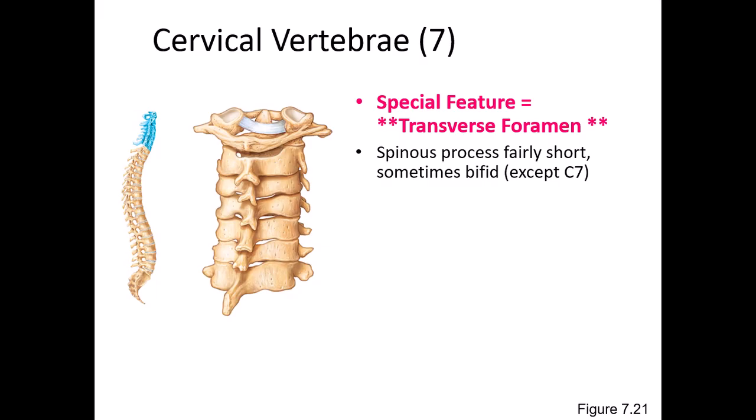When we look at cervical vertebrae in general, we see some other traits. We notice that the spinous process is fairly short, except for C7, our 7th cervical vertebra. And the spinous processes are also sometimes bifid. If you look at that word, you see bi, meaning 2, and that means that the process branches into 2.